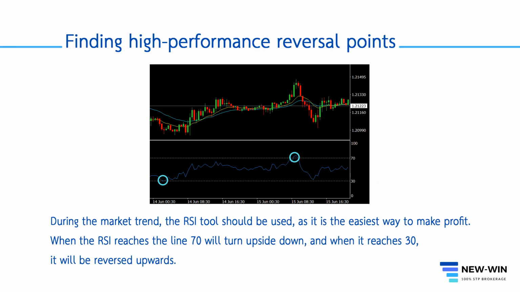Now let's move on to the last topic, which is about finding high performance reversal points in different ways. Let's talk about the first one, RSI. During the market trend, the RSI tool should be used as it is the easiest way to make profit. When the RSI reaches the line 70, it will turn downwards, and when it reaches 30, it will reverse upwards.